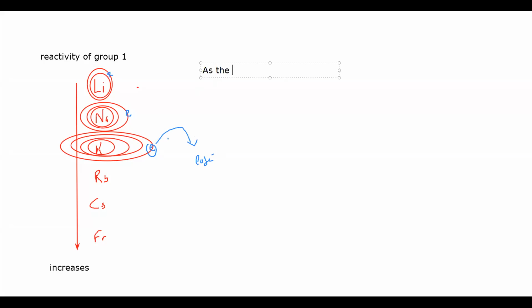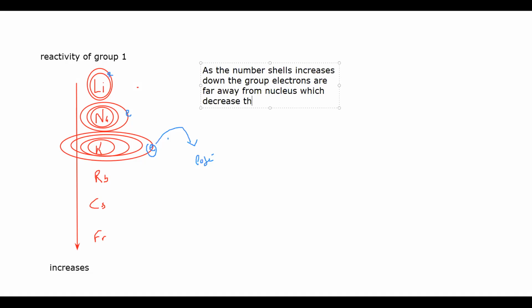So as the number of shells increases down the group, the electrons are far away from the nucleus, or move further away from the nucleus, which decreases the attraction between the nucleus and the valence electron.